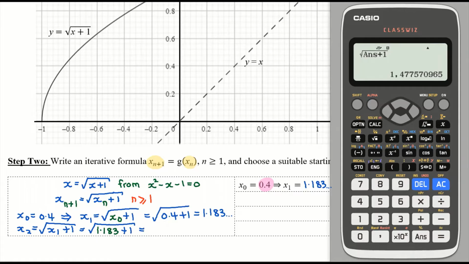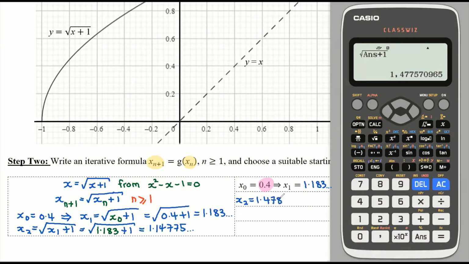So that's going to be 1.14775 and so on. Again, it's going to go on and on and on. So we'll put that as x2 right here. We'll just do 3 decimal places.